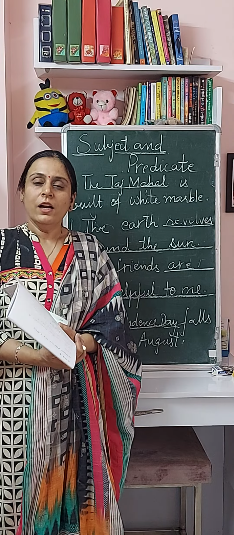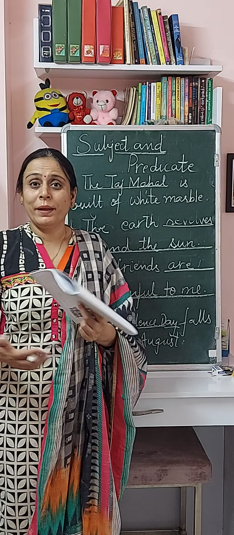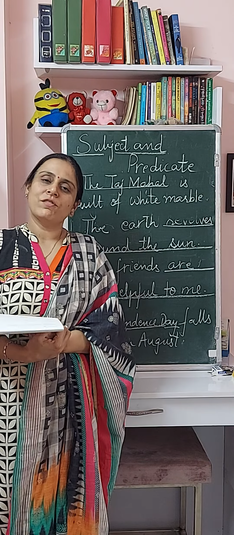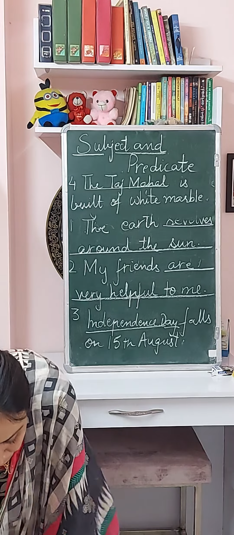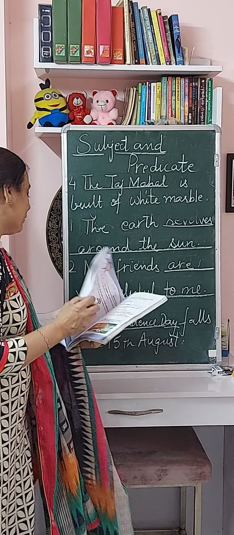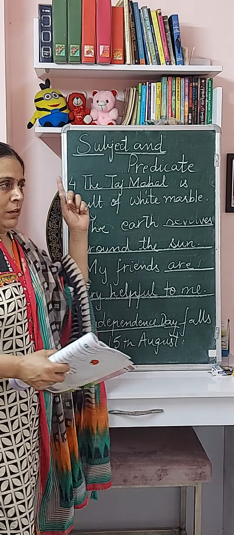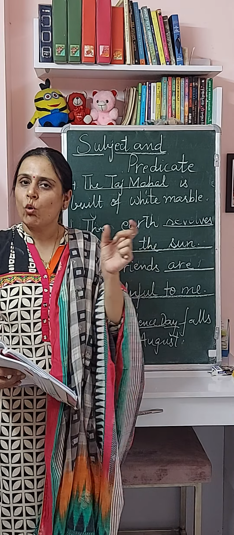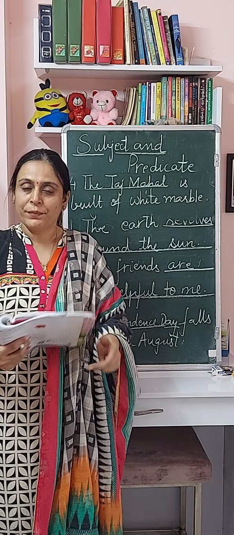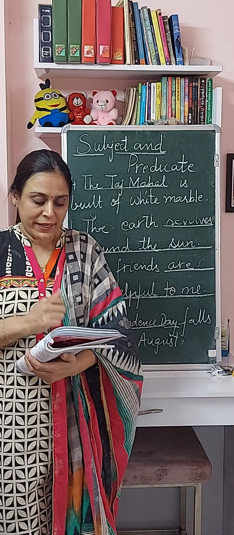There is nothing to be scared of, like you will not be able to find out which part is the subject and which is the predicate. It's very, very simple. Once again, I will be telling you the same thing. From the very beginning, the sentence is always divided into two parts. One part is the subject and the other part is the predicate.